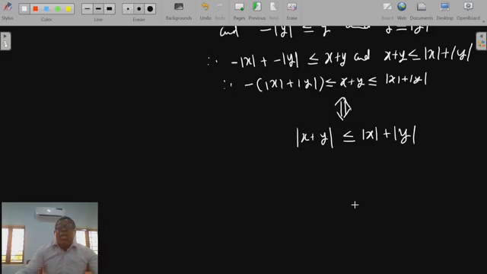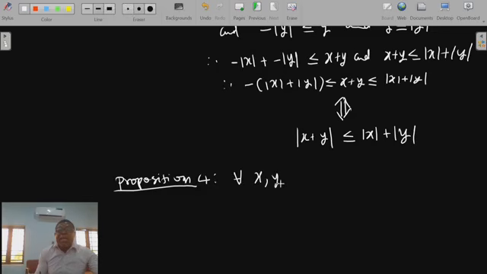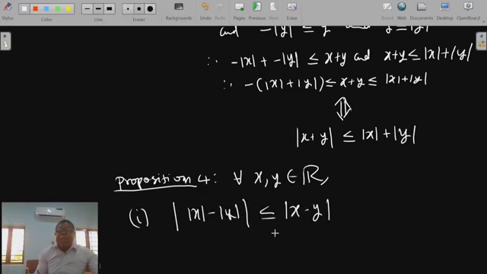Then the next property, which is very important, I'll put as a proposition. I think this is proposition 4. What does this proposition say? It says that for any x, y you give me in the set of real numbers, I will have that, let me put i, the absolute value of x minus absolute value of y will be less or equal to the absolute value of x minus y.